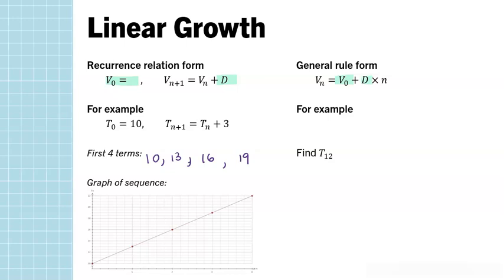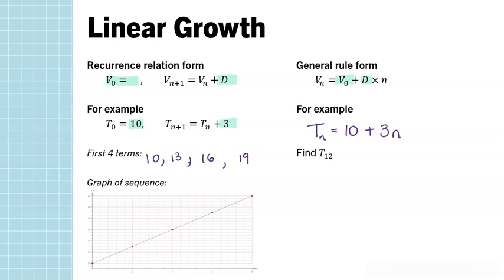We substitute those in. So with the example we have here, where T0 is 10, D is 3, we take those values, and that makes our general rule Tn equals initial value plus D times N.